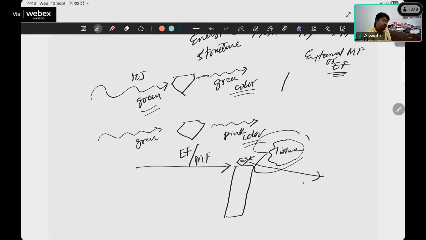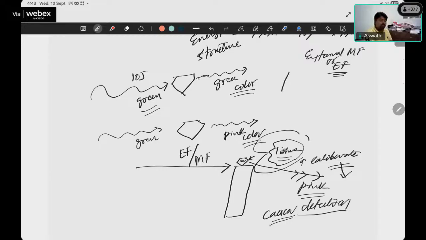If the reflected light is pink or any other color, I would say the tissue has some magnetic field. Depending on the color coming out, I can calibrate the magnetic field generated by the tissue. In that way we can detect whether there is a cancer malignancy inside the tissue or not. So for cancer detection, this technique could be used because it can give much more accuracy.